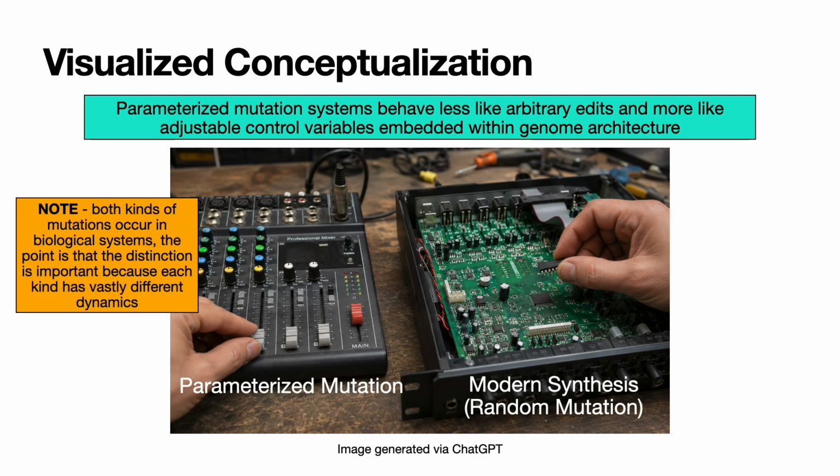And that change might wind up being good, it might wind up being bad, but ultimately it's just kind of an arbitrary change. And I want to note that both kinds of mutations occur in biological systems. The point that I'm wanting to drive home is that the distinction between these is important because each kind has vastly different dynamics. All right.